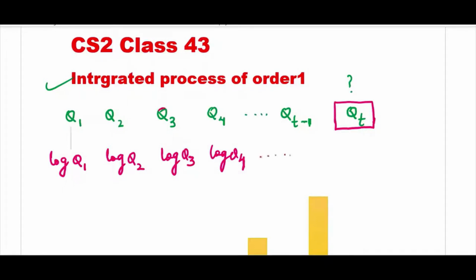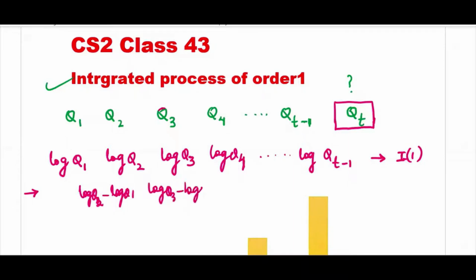And it is observed that the consumer price index is not a stationary process. So normally, if you take log, this is stabilized. Then again, it's observed that this is an I1 process. So you can apply differencing once. If you difference, you get the first value log Q2 minus log Q1, and here log Q3 minus log Q2.